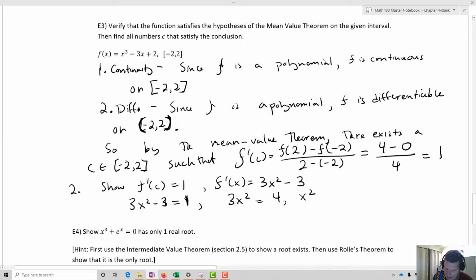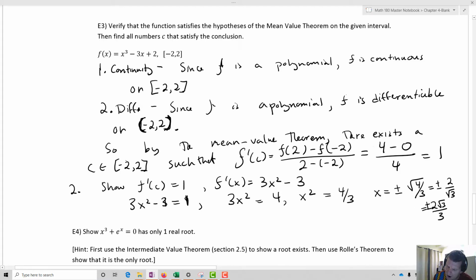So x squared will equal 4 over 3. And so x will equal plus or minus the square root of 4 over 3, which is going to be plus or minus 2 over root 3, which is equal to plus or minus 2 root 3 over 3.